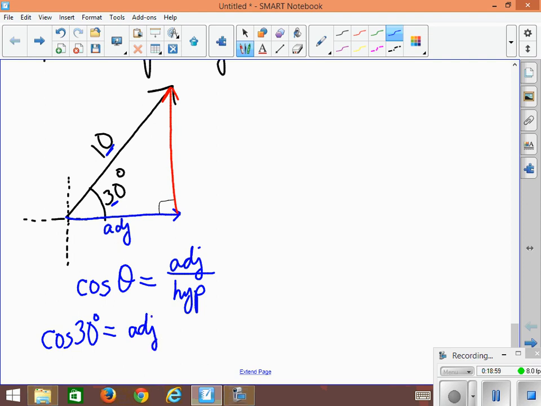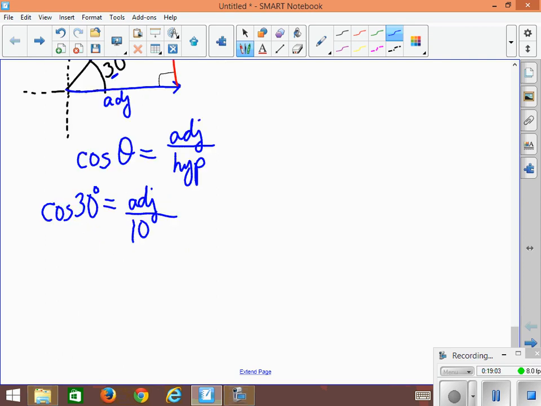It's what we're after, divided by 10. And if I simply multiply both sides by 10, I get this expression: 10 cosine 30 is equal to the adjacent side, which happens to be the x component that I'm looking for.